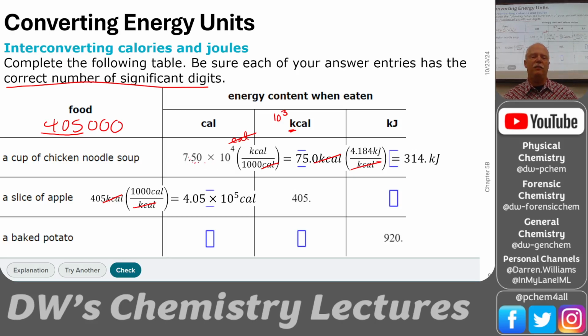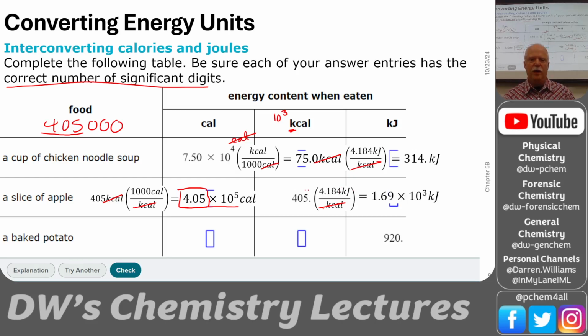It'd be nice to just be able to write 405,000 and get it right, but it's going to fuss at you because it's going to say, well, you didn't do the significant figures. So you've got to write it in scientific notation sometimes to communicate that you only have 3 significant figures. Okay, this one here is pretty straightforward. This is kilocalories, so they're going to cancel to get to kilojoules.